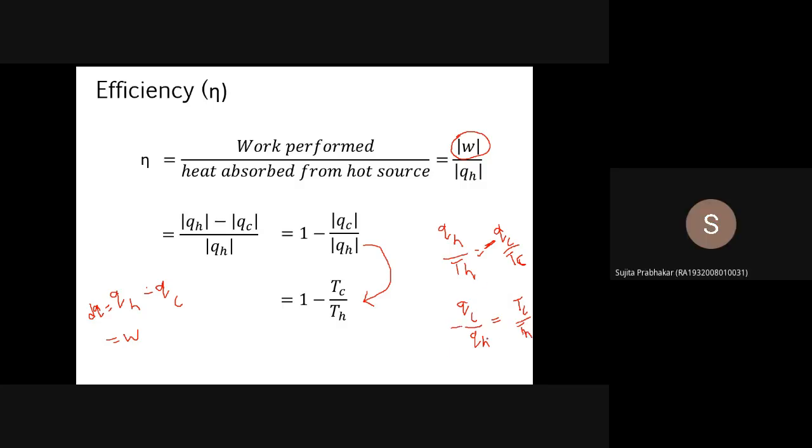Yes, sir. Whereas when you take the modulus, it means that you are only taking the quantity. You are not bothered with the sign. That is the meaning of the quantity. Is that correct? Yes, sir. So, since you are taking only the quantity into consideration, it can be written as TC by TH. Is that okay?